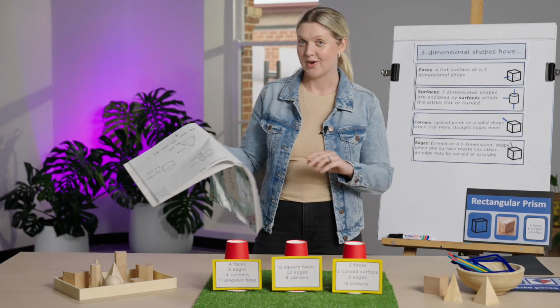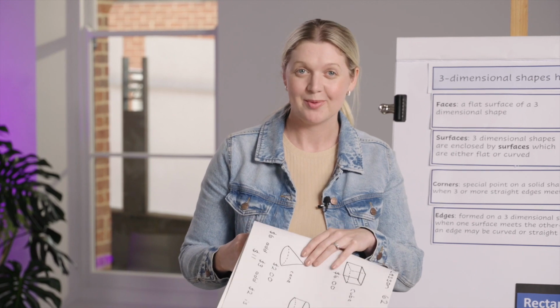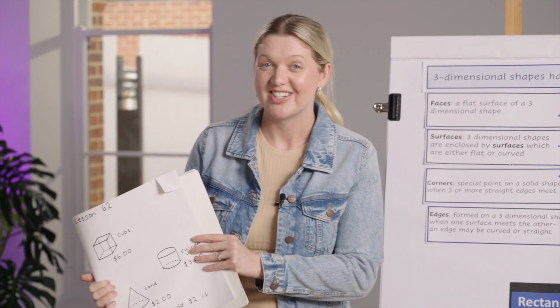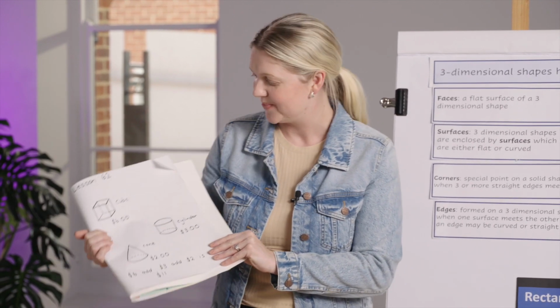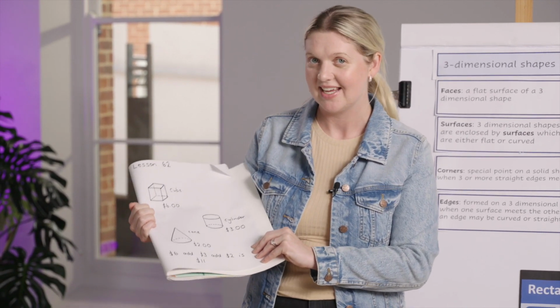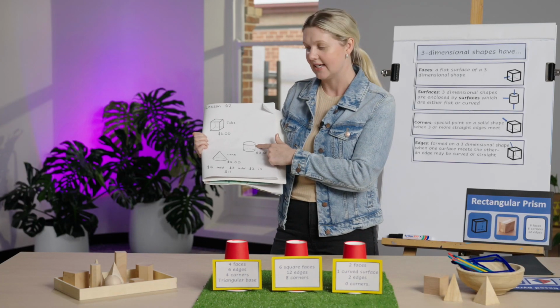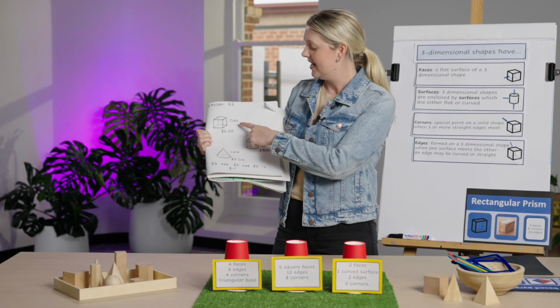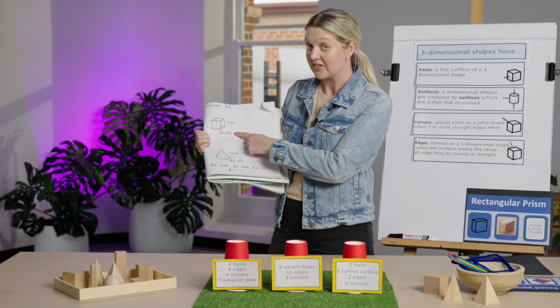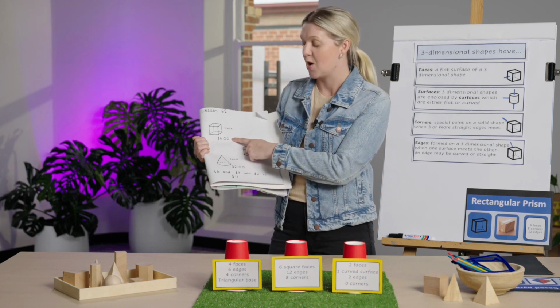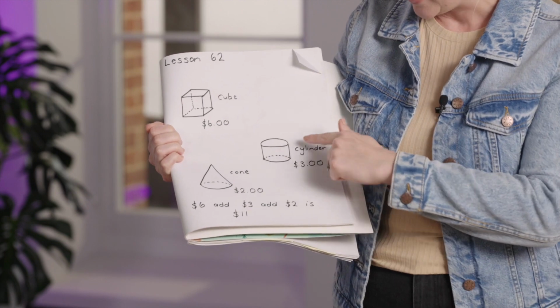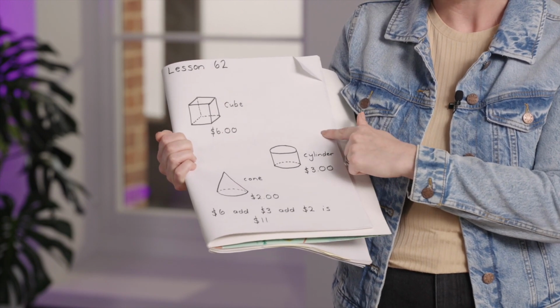So this is one of the edges and it is straight on a cube. You may have done the home task. I'd like to share with you what I did. So I went shopping at the shape shop and I bought 3 different shapes. I bought a cube, a cylinder and a cone. Now a cube has 6 faces, so it cost $6. A cylinder has 3 faces.